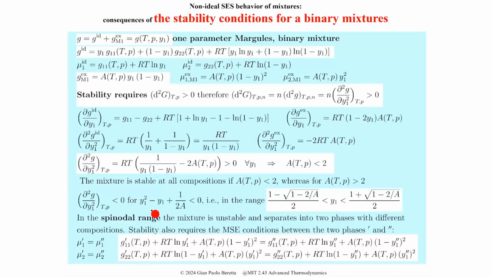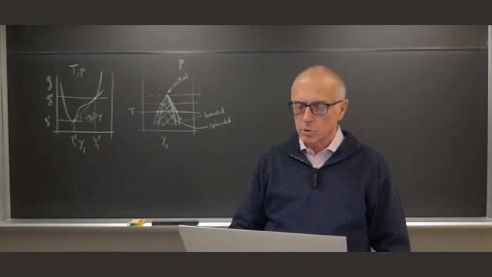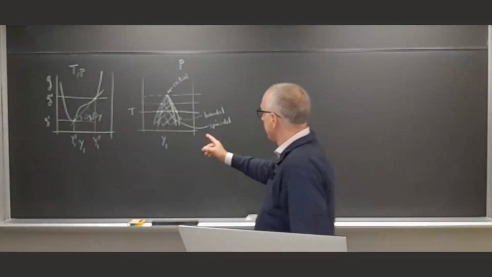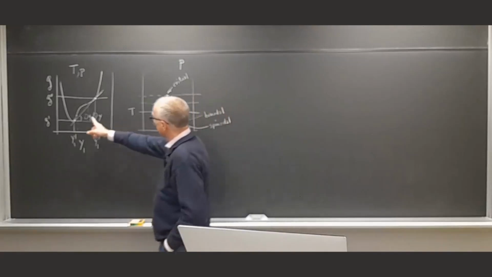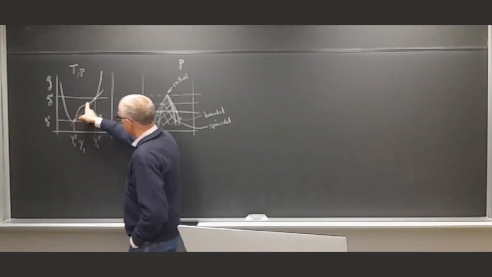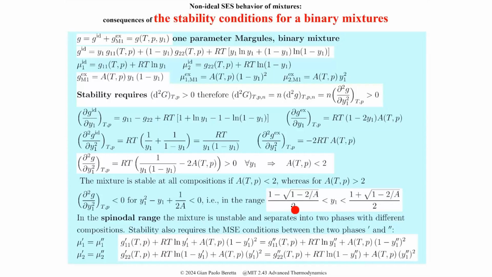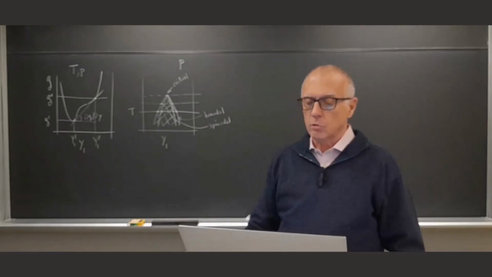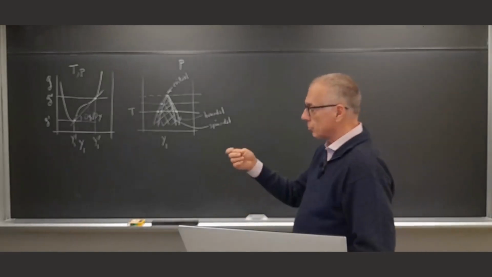See, this expression is like a second order equation, so you can solve it, and you find this range. So this is this mole fraction, and that is this other mole fraction as a function of parameter A. So this is one part of the condition, a necessary condition for stability.